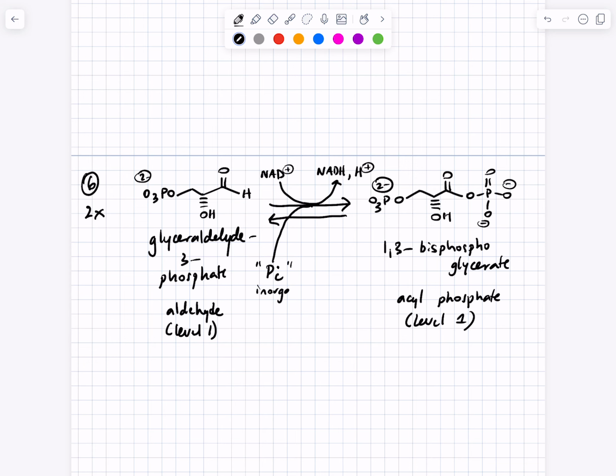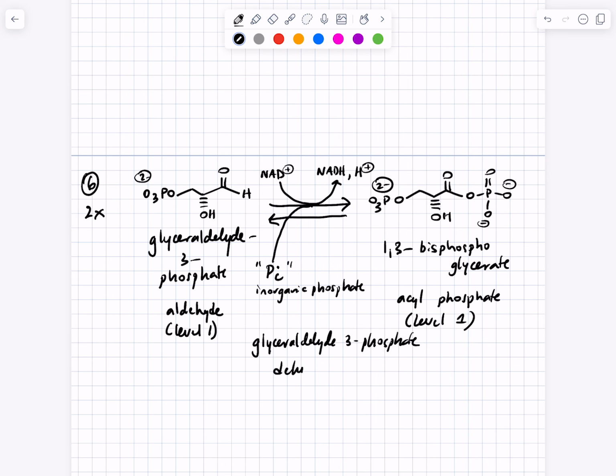You'll see what that is in a little bit. That's how biochemists abbreviate it. That's where the phosphate group comes from. The enzyme that catalyzes this reaction is called glyceraldehyde 3-phosphate dehydrogenase.